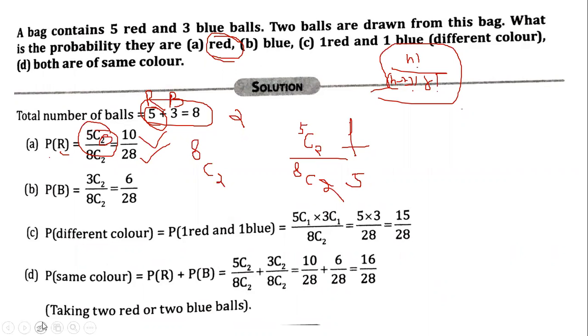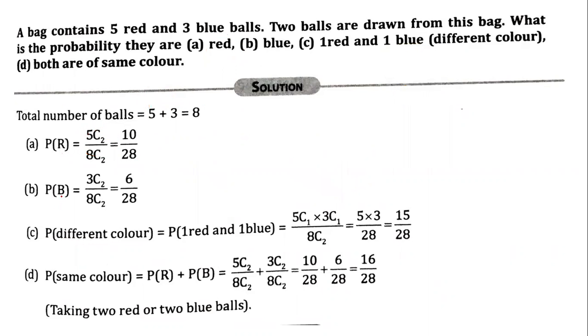Now moving on to the next one, that is the probability of getting blue balls. Similarly here we have 3 blue balls. So out of 3 blue balls, we are supposed to select 2 blue balls. Now the first scenario was selection of 2 red balls, right? So that is a different thing. Now we are supposed to select 2 blue balls.